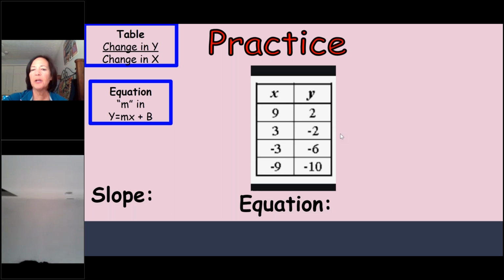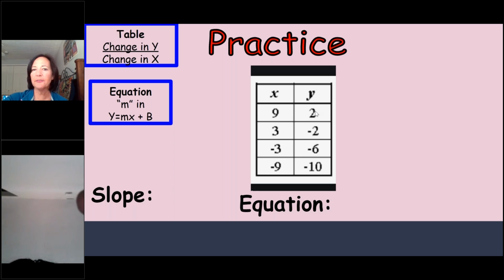Every time, what is happening? 2 to negative 2, that's minus. Negative 2 to negative 6 is minus 4. And then negative 6 to negative 10 is minus 4.